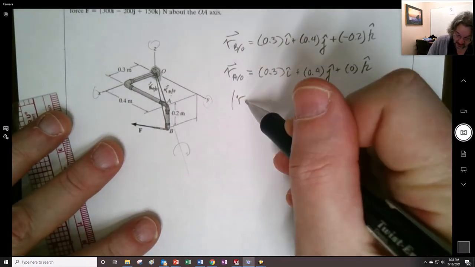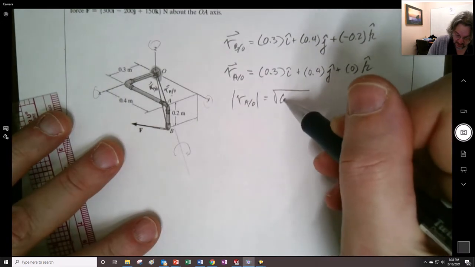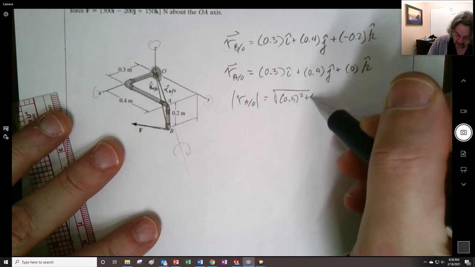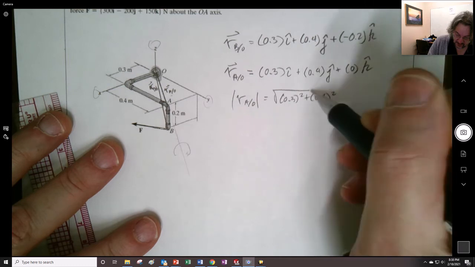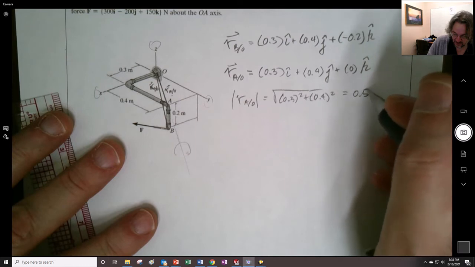So we take the magnitude, 0.3 squared plus 0.4 squared. Is it going to equal 0.5 squared? Yes, it is 0.5. So it's a 3-4-5.